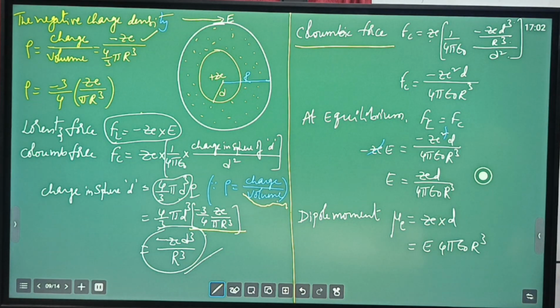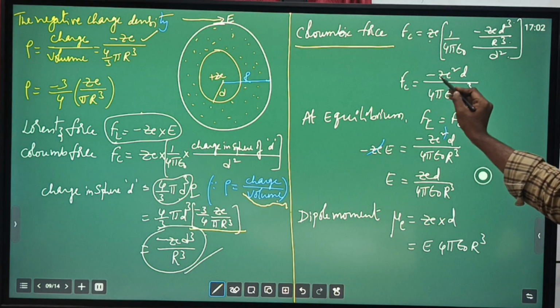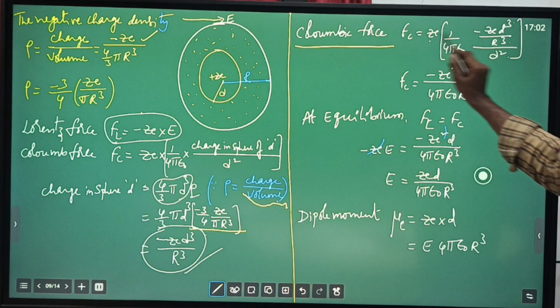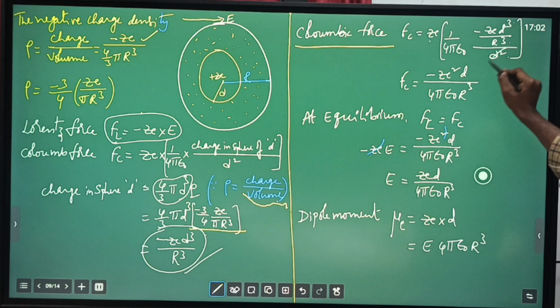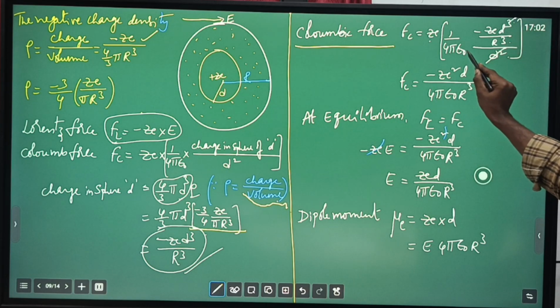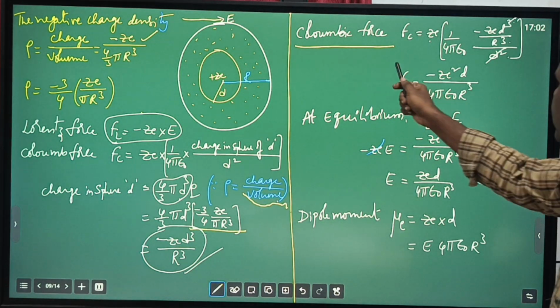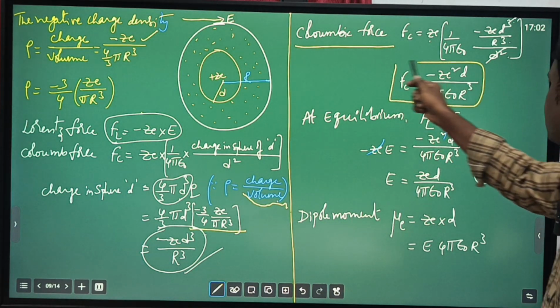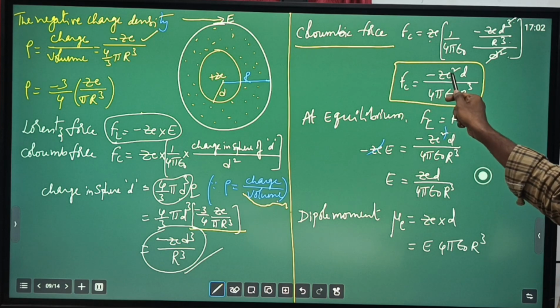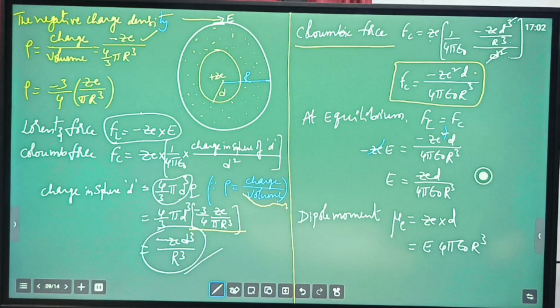By calculation we get Fc equal to minus Z square e square d divided by 4 pi epsilon naught r cube. This is the Coulombic force.